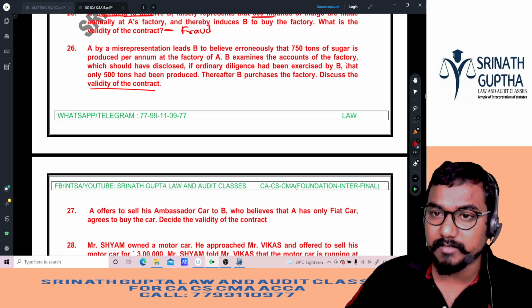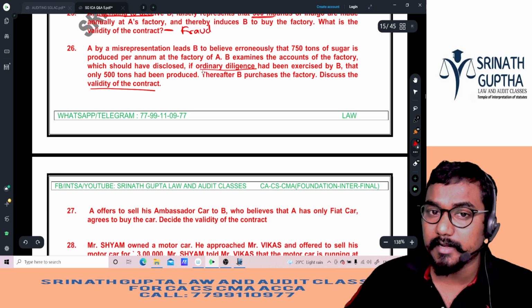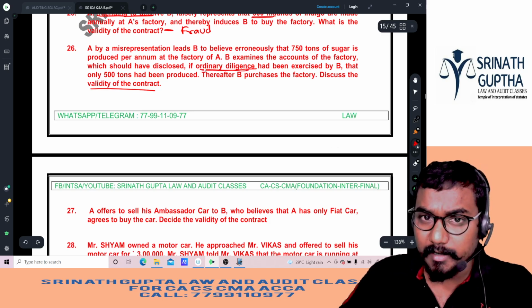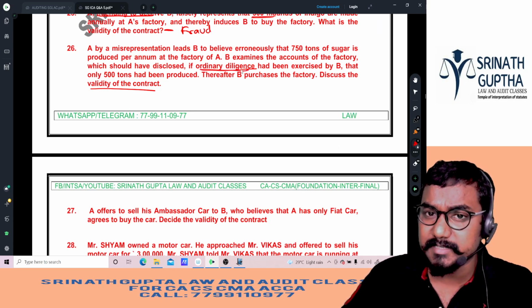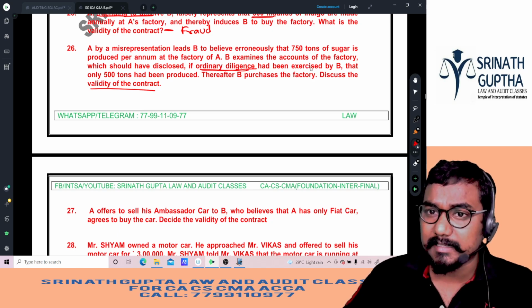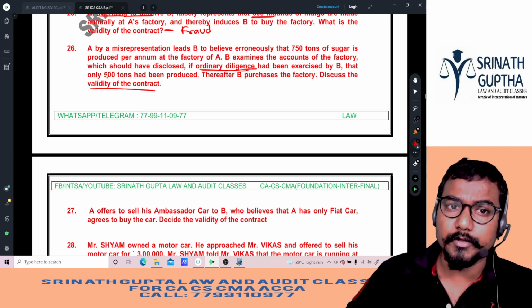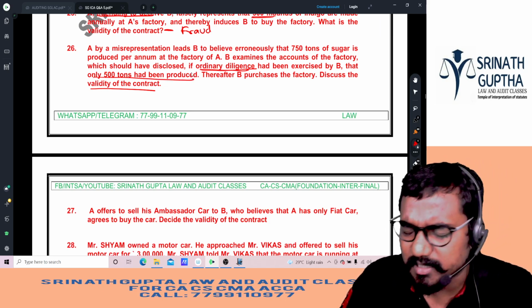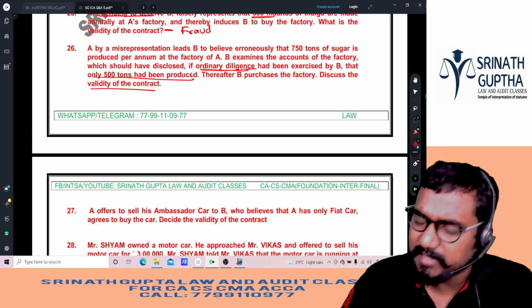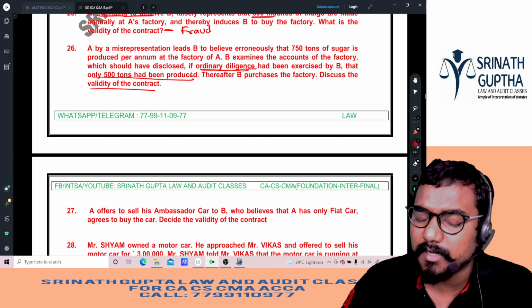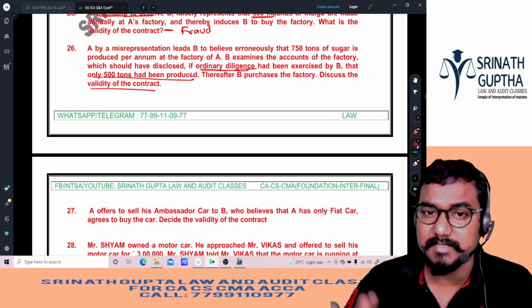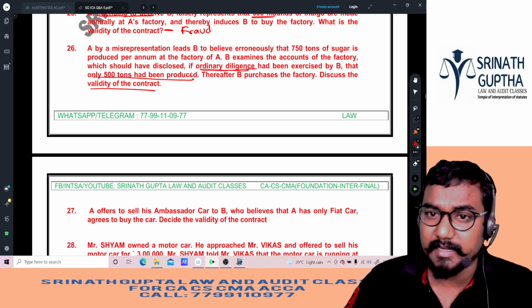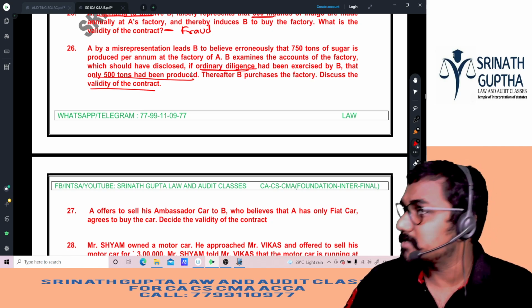B examines the accounts of the factory, which should have disclosed, if ordinary diligence, common sense, had been exercised by B, that only 500 tons could be produced. Diligence means common sense. B examined the books of accounts of the factory. He found that in the accounts maximum production can be only 500 tons, but not 750 tons. Thereafter, B purchased the factory. Discuss whether B can rescind the contract.